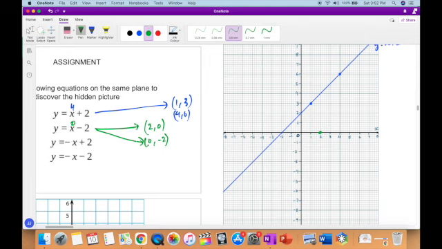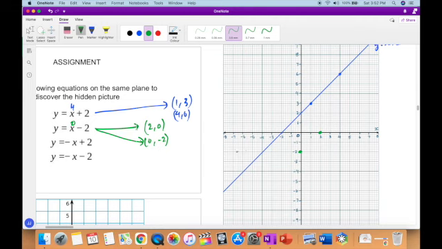And then the next point is when x is 0. So you know x is 4, 3, 2, 1, 0. Y is negative 1, negative 2, so it's down here. So when x is 0, y will be on the y-axis, because the y-axis is located where x is 0.